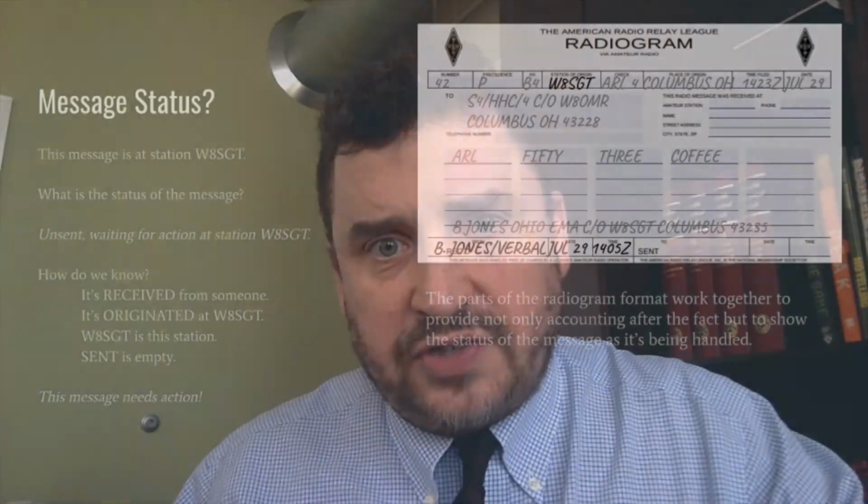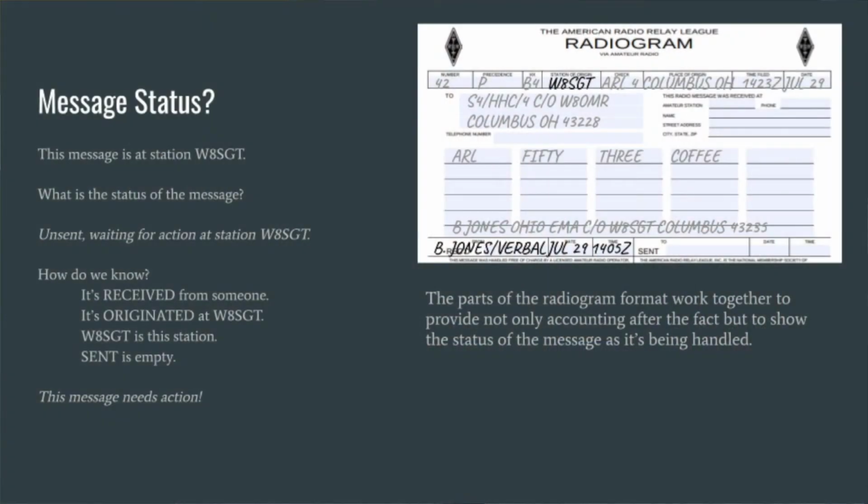We have the ability, as this form is completed, to see the message status. If we are operating at W8SGT, we can see the station of origin of this message is W8SGT. We can tell the status of this message is unsent because it was originated here, but when we look in the bottom right corner, the sent box, it's empty.